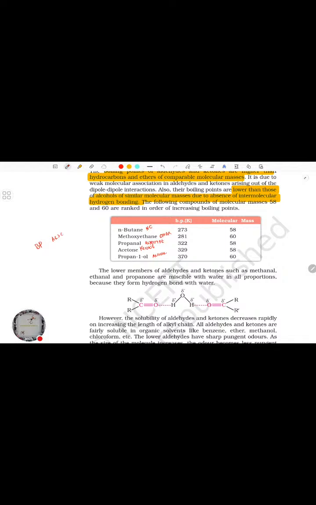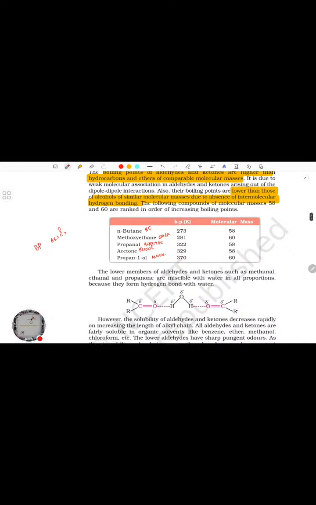So let's write it as double bond O compounds. It is due to the fact that there is an absence of intermolecular hydrogen bonding.